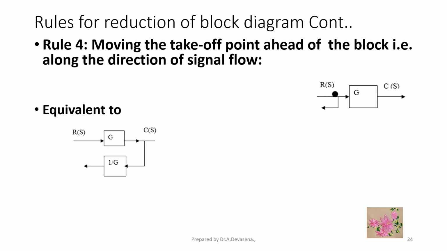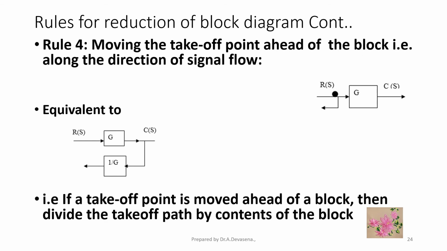We have included a block 1 by G. That is, if a takeoff point is moved ahead of the block, then divide the takeoff path by the contents of the block.